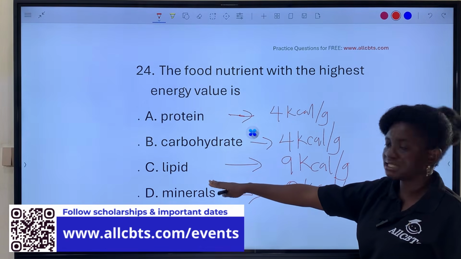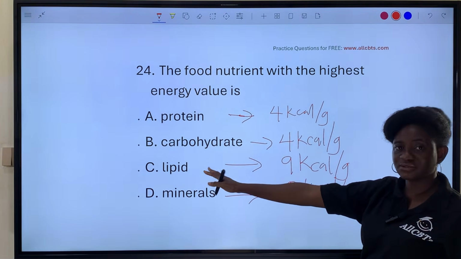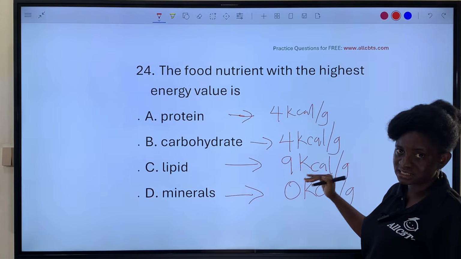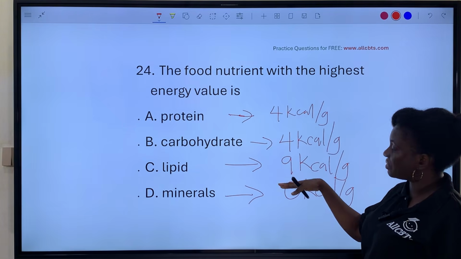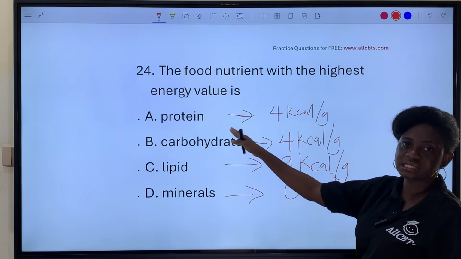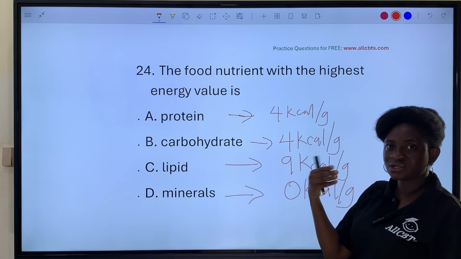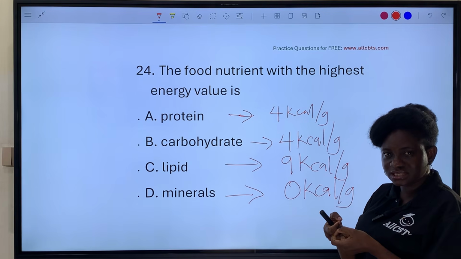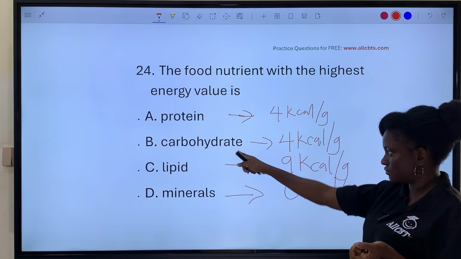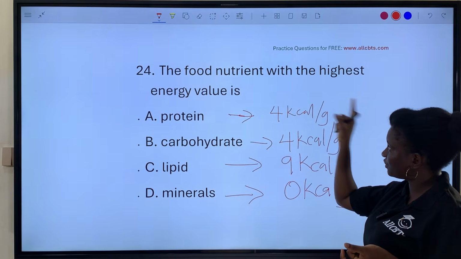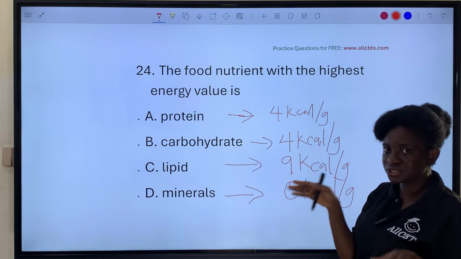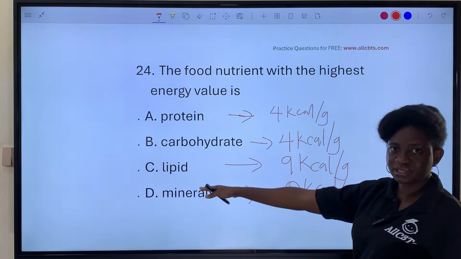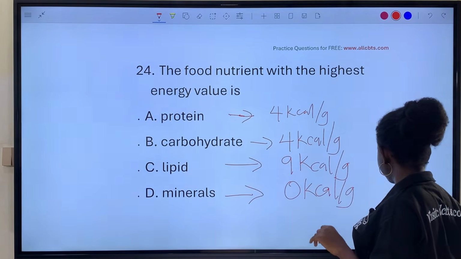So we can see that lipid, also known as fat, has the highest energy value, even more than double that of carbohydrates and protein. But when we are talking about immediate energy for organisms, we go for carbohydrates. For this question, it is asking which one has the highest energy value. So that is lipid. Option C is the correct answer here.